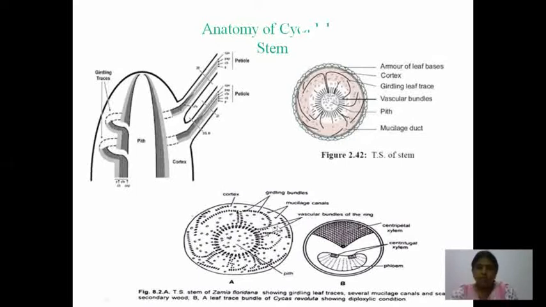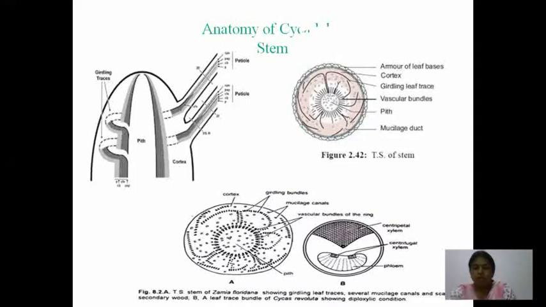These leaf traces originate near the primary vascular bundle, in the base of the petiole or also in the distal portion of the vascular bundle.